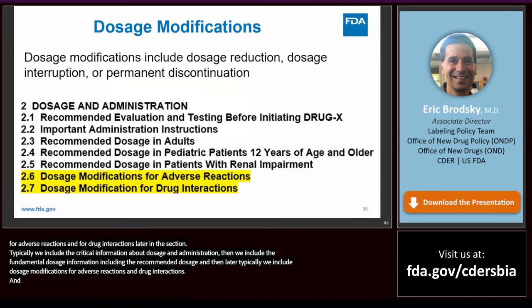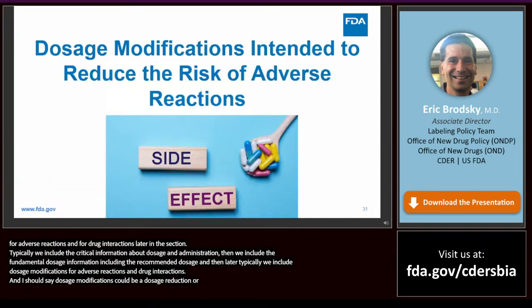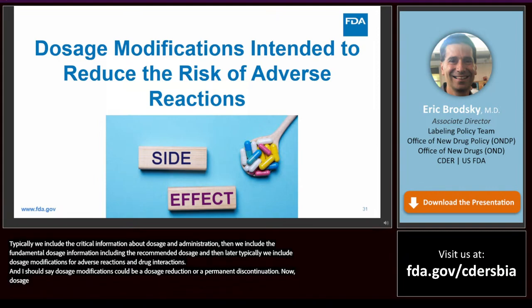And I should say dosage modifications could be a dosage reduction, a dosage interruption, or a permanent discontinuation. Now, dosage modifications are intended to reduce the risk of adverse reactions.